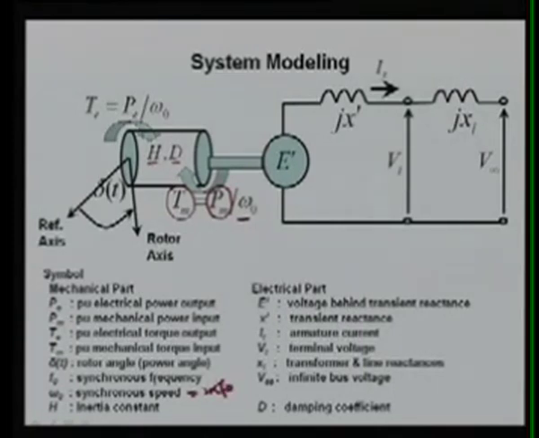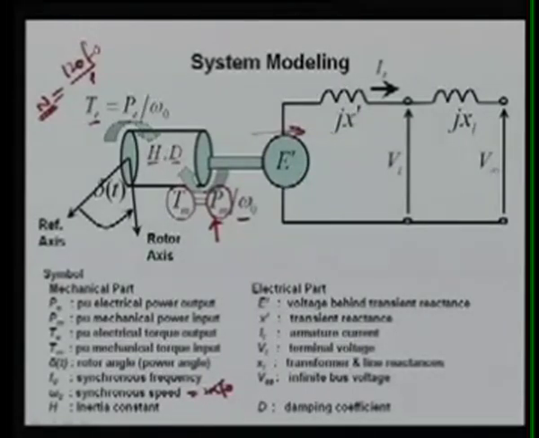This synchronous frequency is decided, as I said, by 120 f upon p, that is how fast you are rotating. This rotating speed gives a frequency based on the rotation and the number of poles of the machine. So this is a rotating mass, and there are two torques, one is Tm and another is Te. The electrical power goes out that side, and the input we are giving in terms of mechanical power.